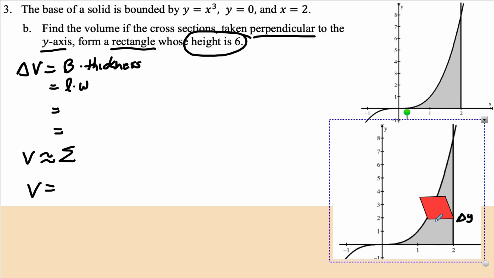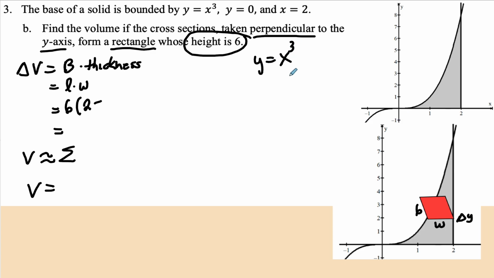This is going to be some kind of width, and our height will always be the number 6. So we know this height will be 6, and the width will be the x on the right, and the x on the right is the number 2, minus, and now we want the x on the left.